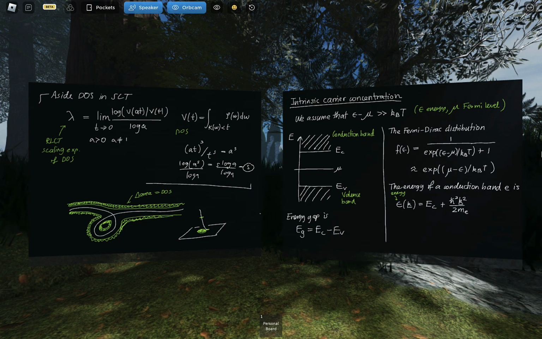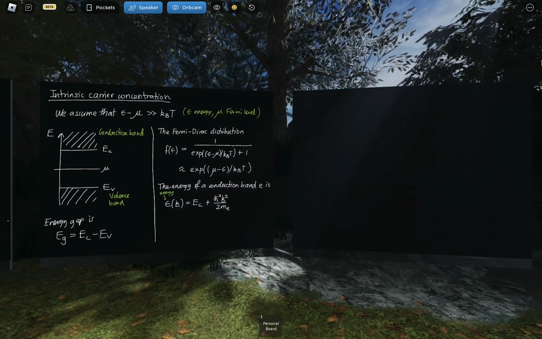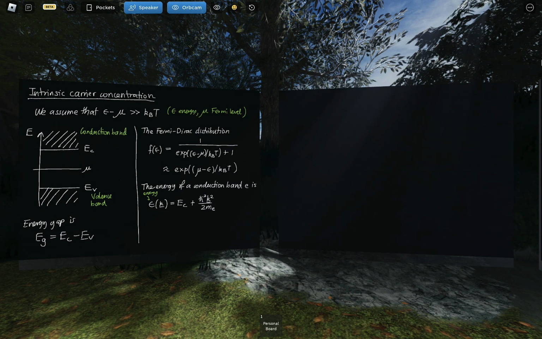m_e is the mass. Okay, so now we can use the earlier formula for the density of states. We're just going to treat an electron in the conduction band as a free electron. That's sort of embedded in that formula for the energy. So the density of states: you could think about that as how many new states for a conduction band electron open up as I increase the energy by some infinitesimal amount. So that's D of the electron at some energy.